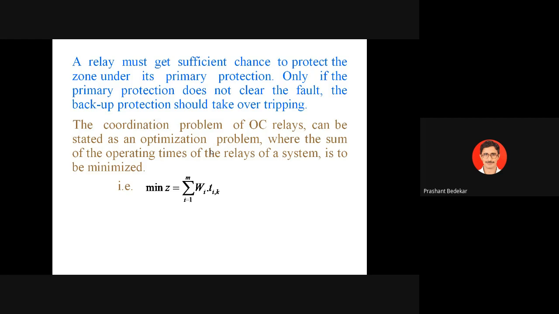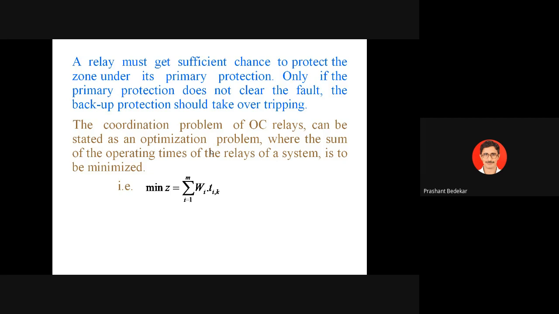So we consider that each section or each feeder is having same length approximately, and hence we take weight equal to 1. Wi is equal to 1. Otherwise you will have to provide some weight. Tik indicates time of operation of relay located at I for fault that has taken place at point K.